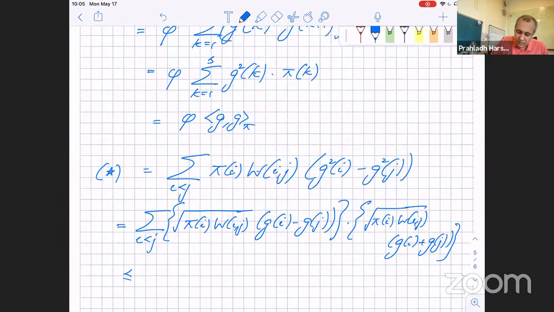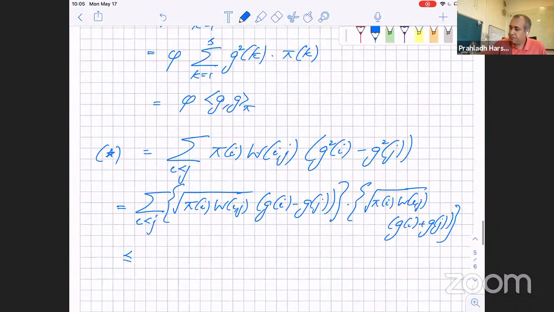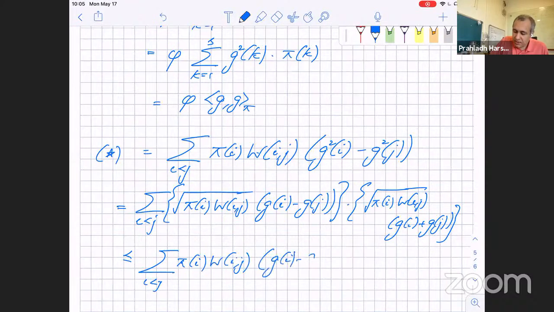Cauchy-Schwarz will give you that this is less than summation i less than j pi i wij gi minus gj, the whole square. By the way, why did I want to do this? I wanted to get gi minus gj the whole square. I don't know how to get it from g square i minus gj square. So one way of getting it is via Cauchy-Schwarz.